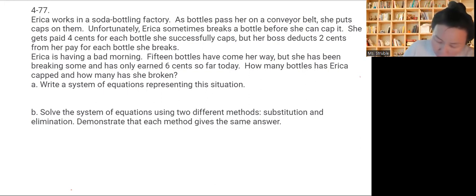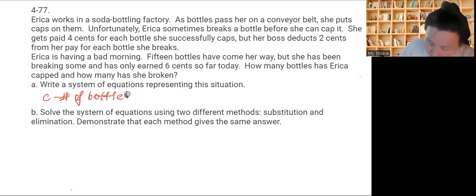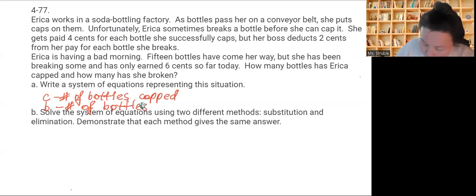So we are going to say let C be the number of bottles Erica capped, and let B be the number of bottles Erica has broken.